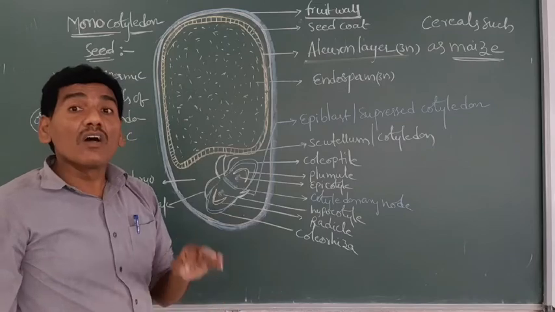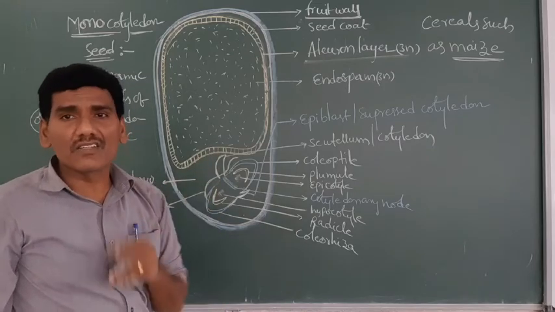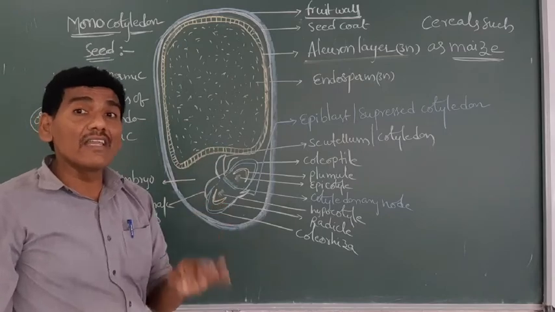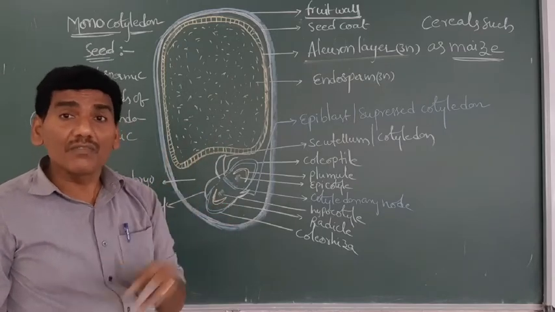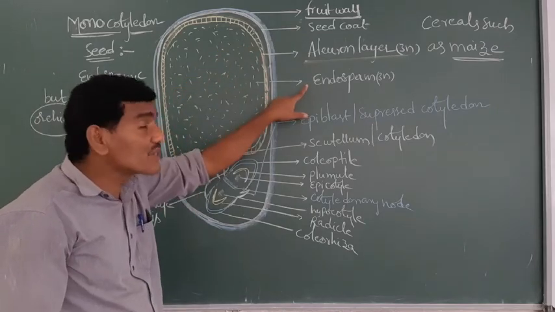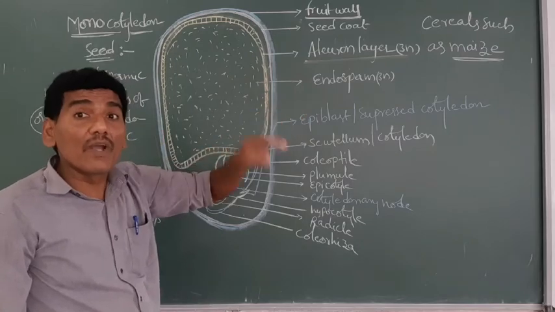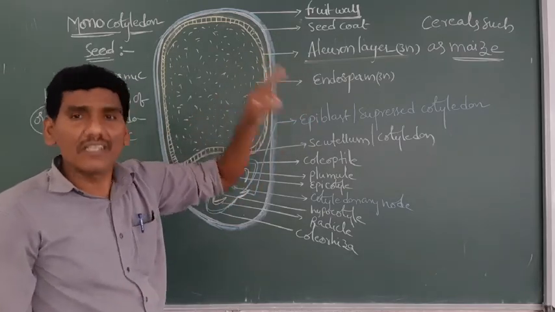Generally, the aleurone layer only appears in monocotyledon seeds. The ploidy of the aleurone layer is 3N. Why is the ploidy of the aleurone layer 3N? Because the aleurone layer develops from the endosperm. Endosperm ploidy is 3N. That's why aleurone layer ploidy is also 3N.